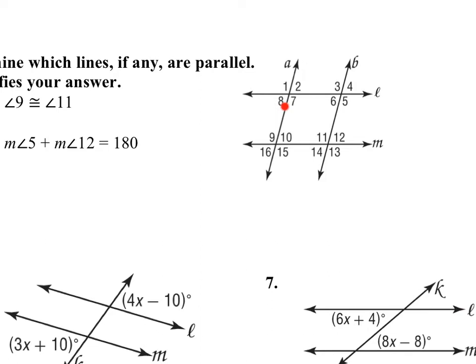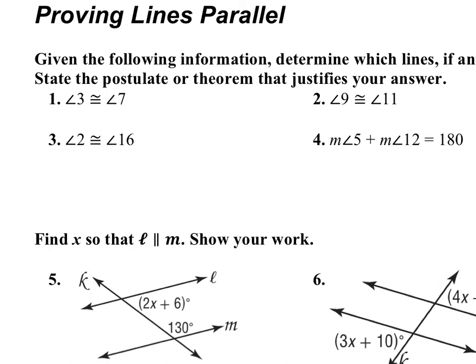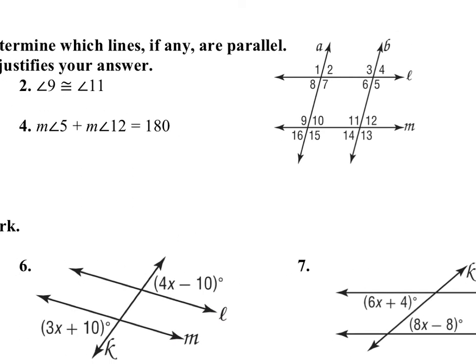What we would have to do is state that these are alternate interior angles to show that A and B are parallel around this transversal L. So let me come over here, and we would have to say that lines A would have to be parallel to B, and these are alternate interior angles.